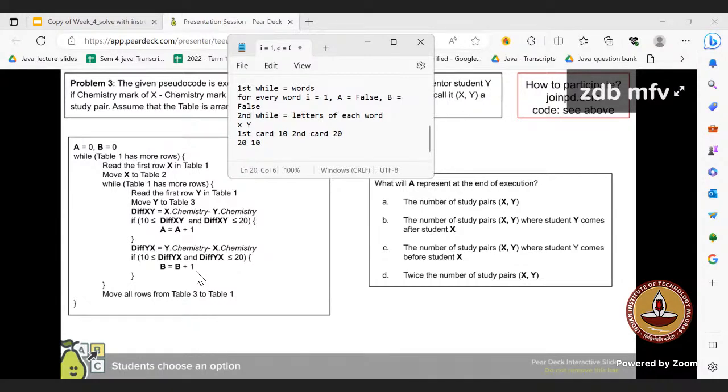If the first card is x and the second is y, x is before y, no? X is 1 and y is 2. Yes, ma'am. X is before y. Y is after x.